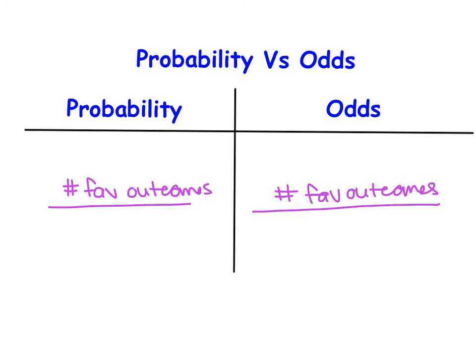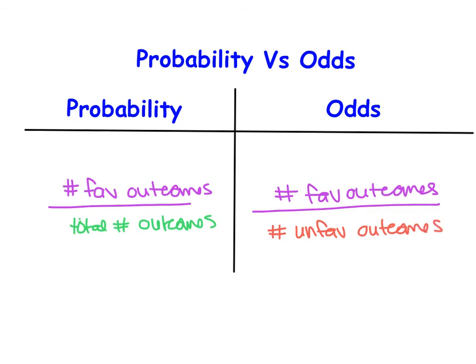The denominator for probability is the total number of outcomes. In odds, our denominator is the number of unfavorable outcomes. So as we tackle the next slide, remember these slight differences between probability and odds.